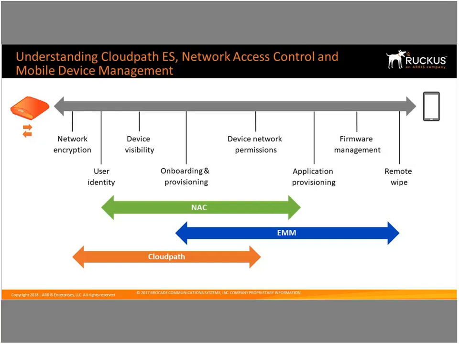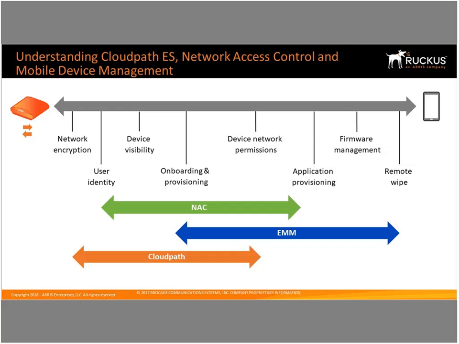If you look at this line on the very top here, on the left-hand side, you see more network-type functionalities like network encryption, user identity, device visibility, onboarding, provisioning, etc., which are more network-centric activities. And as you come to the right, you see more device-level functionalities like device network permissions, application provisioning, firmware management, and also doing remote wipe on the device itself.